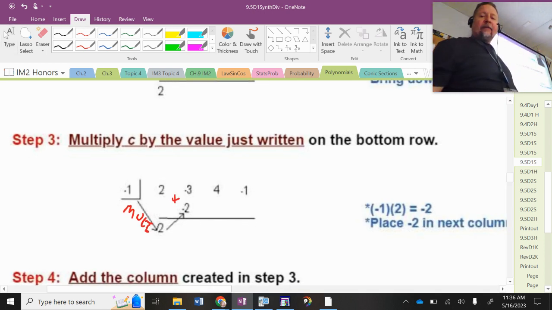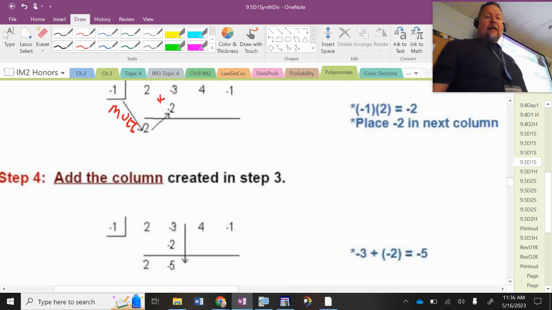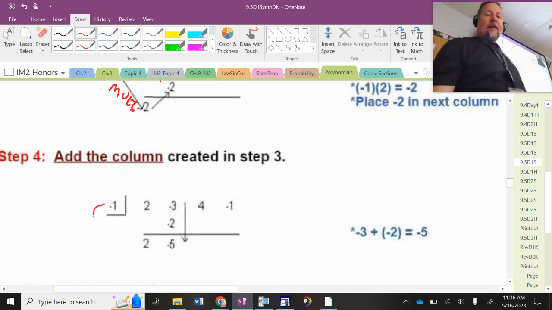So off to the right, negative 1 times 2 equals negative 2, and then place negative 2 in the next column if you really want to robotically write out the steps. And then you keep doing that. So the next step is I get negative 5, and then I take negative 1 and multiply again, and then put that here, and then add.